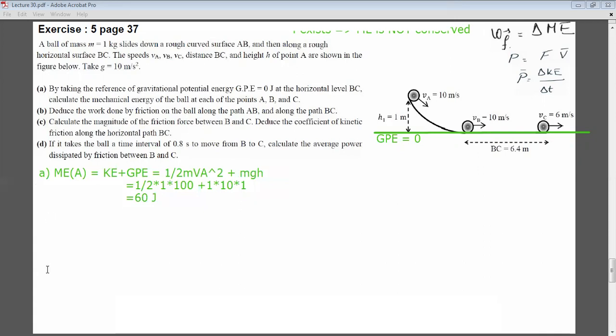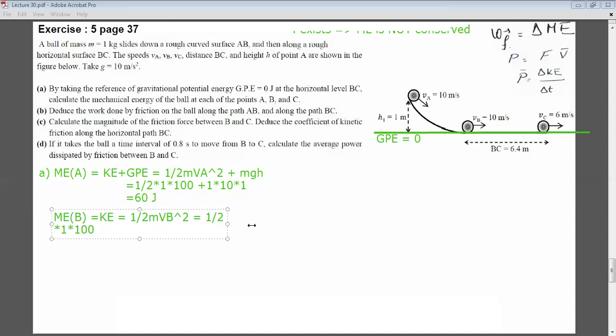Mechanical energy at B. What do I have? It's now at the GPE equal to 0, so there is no GPE. There is only kinetic energy, which is half mVB squared. This is equal to half m is 1, times VB is 10 squared, 100.